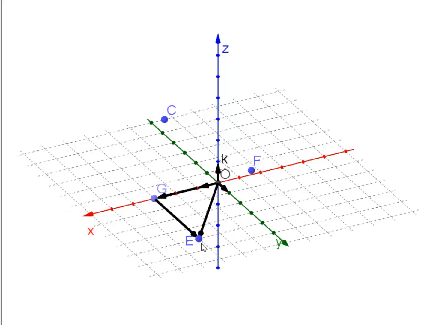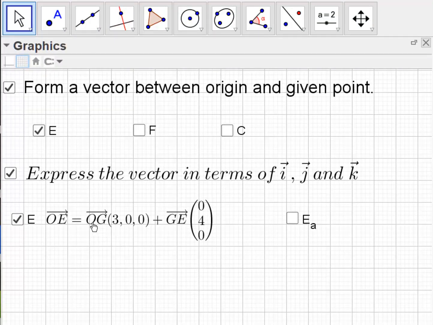In this case, vector OE is the sum of the two consecutive vectors OG and GE, where OG is a vector along the x-axis equal to 3i, and GE is a vector parallel to the y-axis equal to 4j. Now vector OE equals the components of vector OG added to the components of vector GE. As a result, the components of vector OE would be 3, 4, and 0.